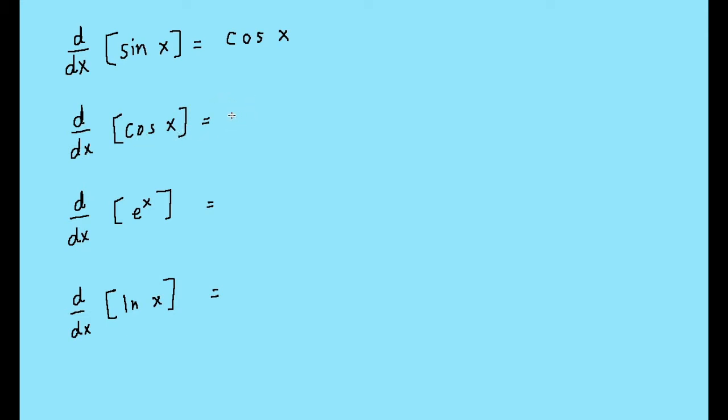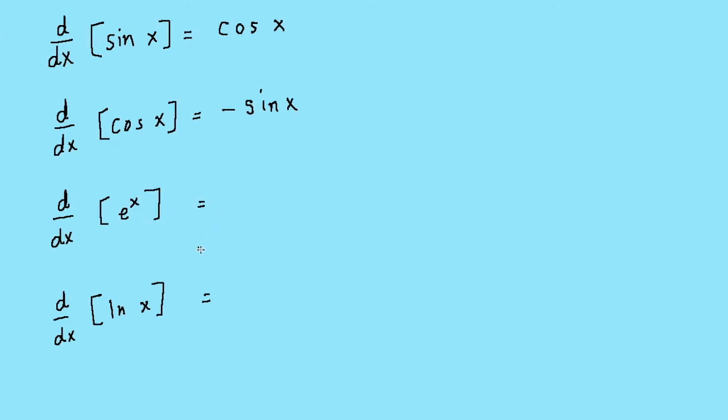The derivative of cosine x is negative sine of x. The third one is d over dx e to the x power. And this one's quite interesting because the derivative of e to the x power is e to the x power. The last one is the derivative of natural log of x, which equals 1 over x.